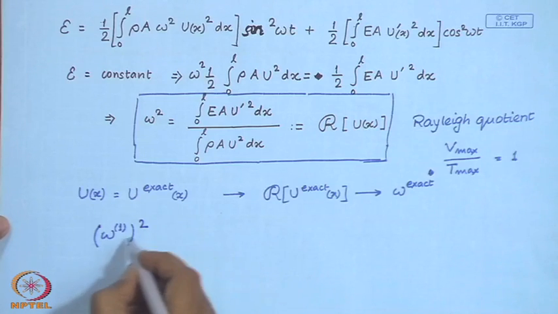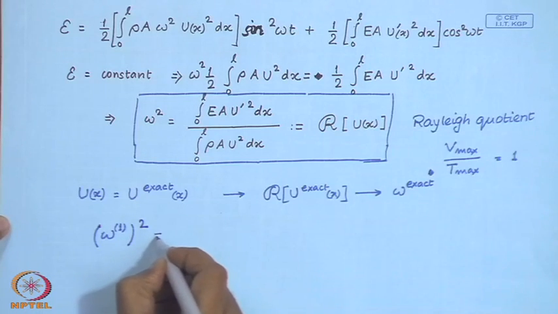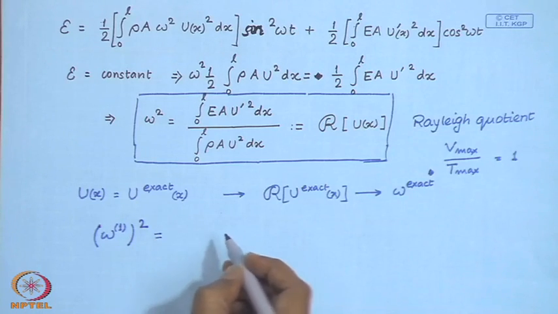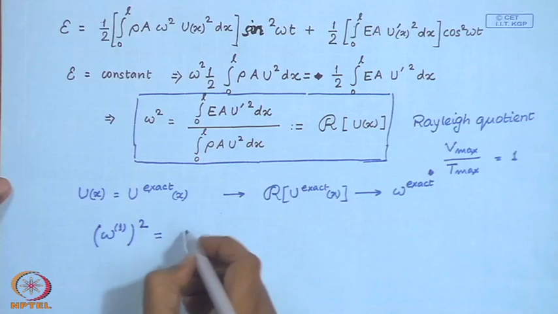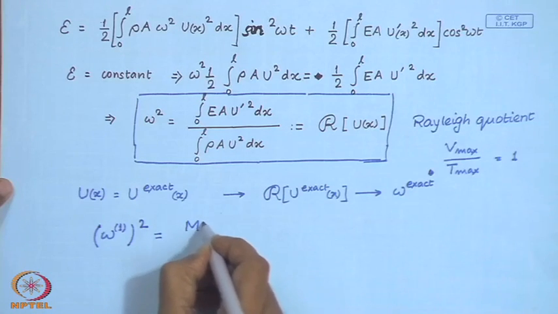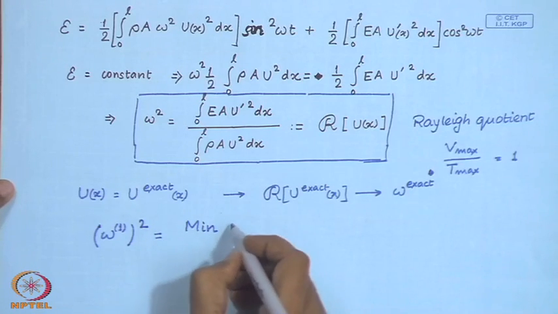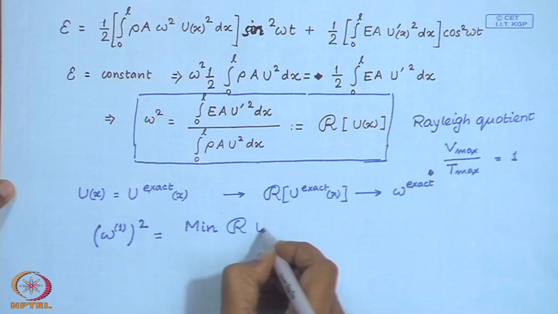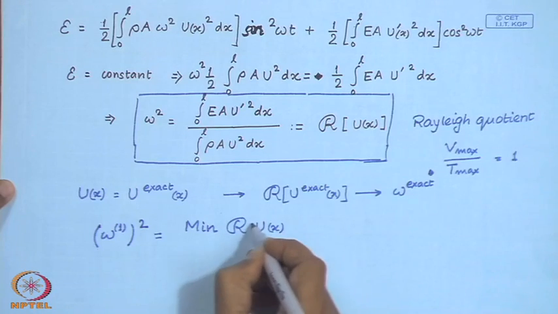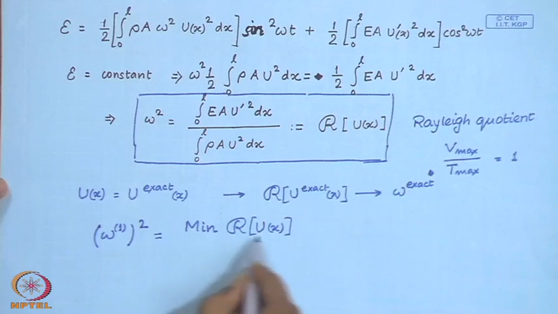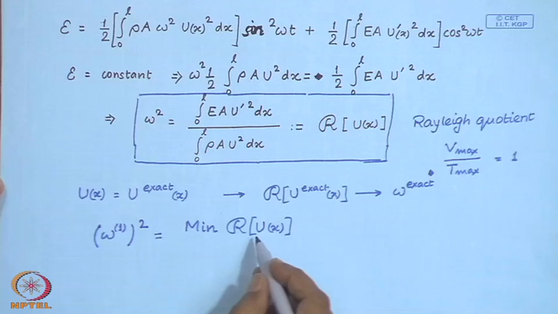So, the fundamental frequency square is obtained by minimizing the Rayleigh quotient over a space of possible eigenfunctions u of x.